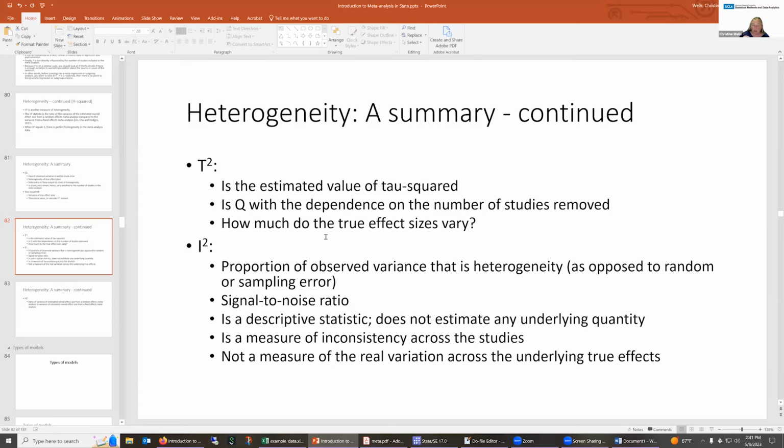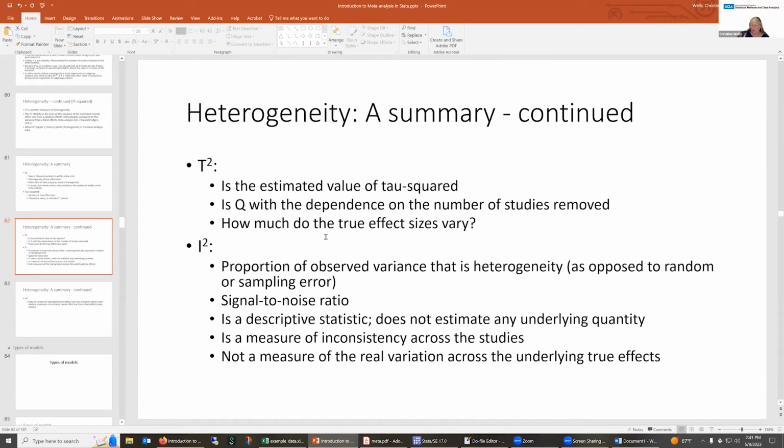It is not a measure of the real variation in the underlying true effects because it's a signal to noise ratio. That's what it is. Okay, people get really worked up about I squared.